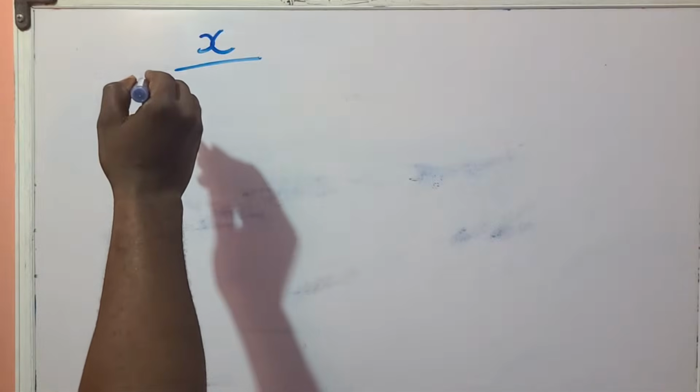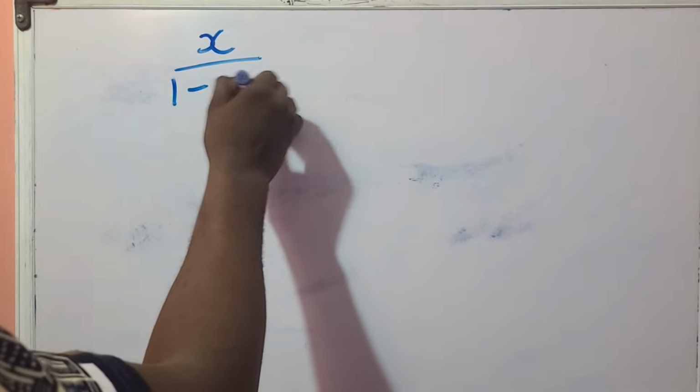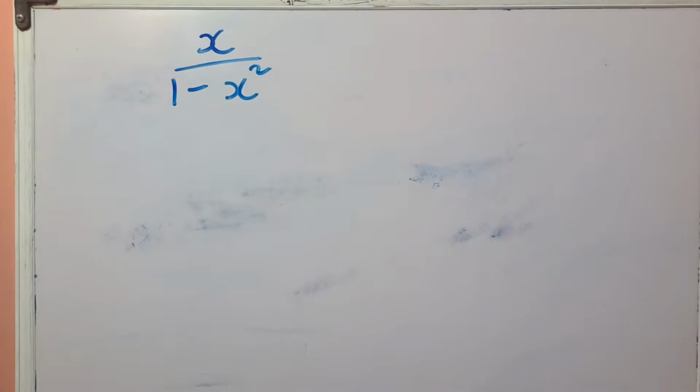We're to resolve into partial fraction. So I'm sure you guys are not having issues with partial fraction, so I'm expecting that you should be able to resolve this easily. We have x over 1 minus x squared. A very simple question right here. You're supposed to resolve this into partial fraction.